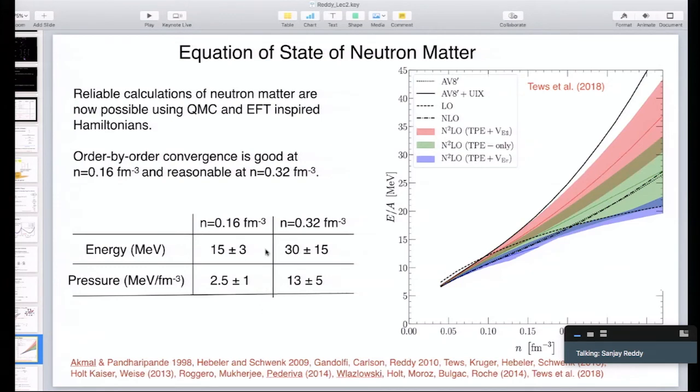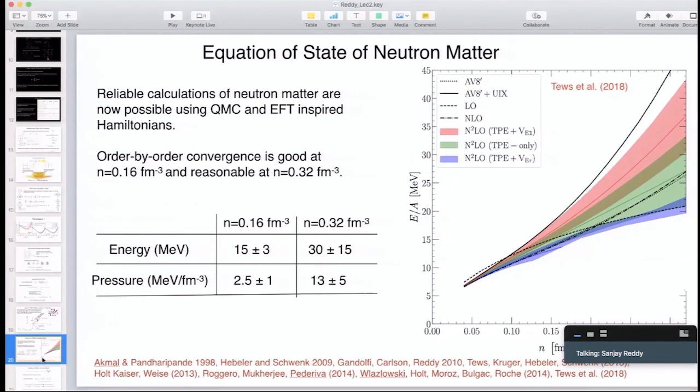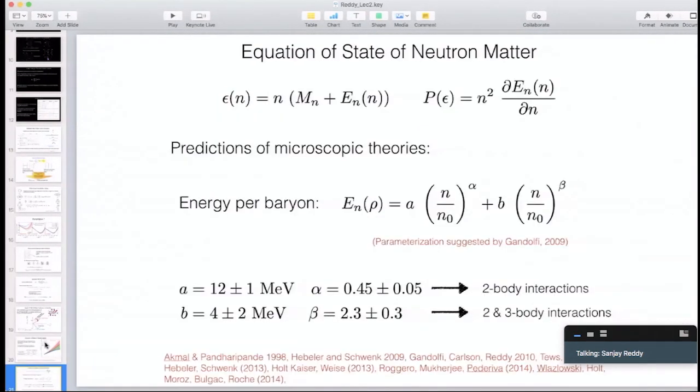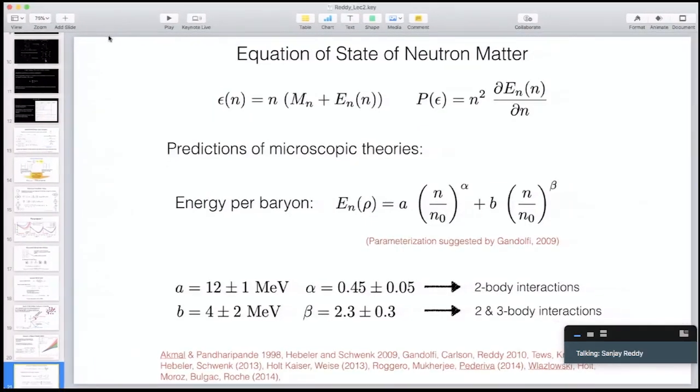The pressure at nuclear density is 2.5 MeV per fm^3, plus or minus 1. And at twice nuclear density, where the theory is just beginning to start, the error bars grow very rapidly, and the pressure is uncertain by about 5 MeV per fm^3.